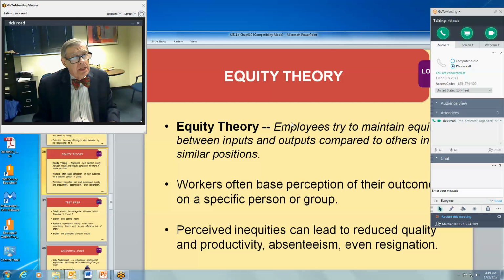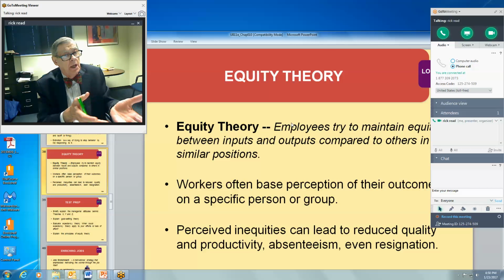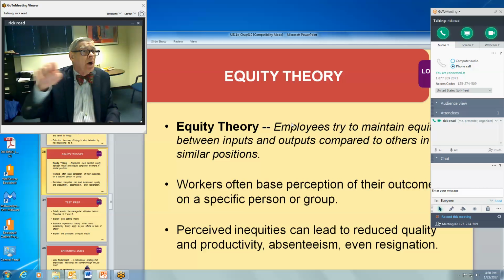But what the employee is trying to do here is to maintain equity, equilibrium, if you prefer, between what he or she is doing, the inputs and the outputs, compared to someone else doing the same job.